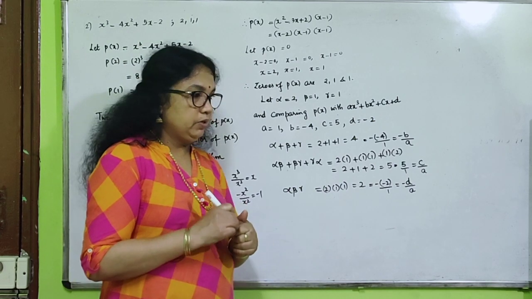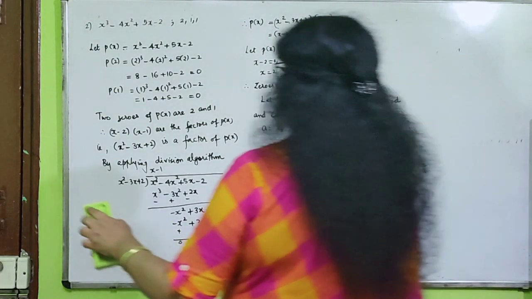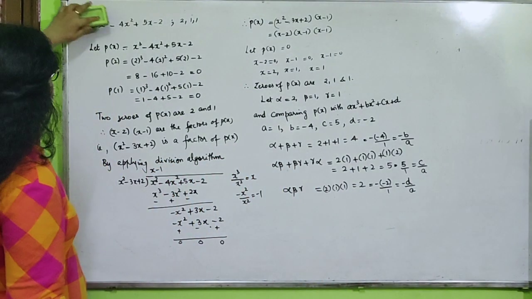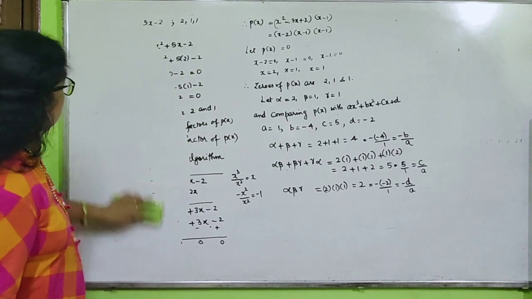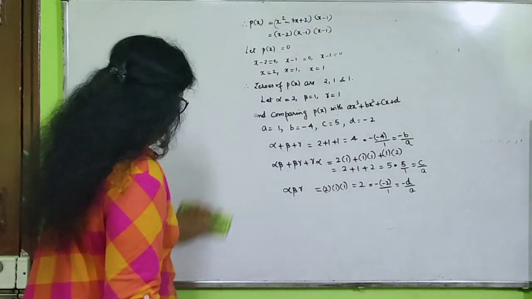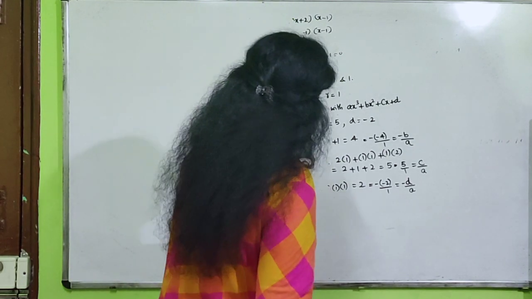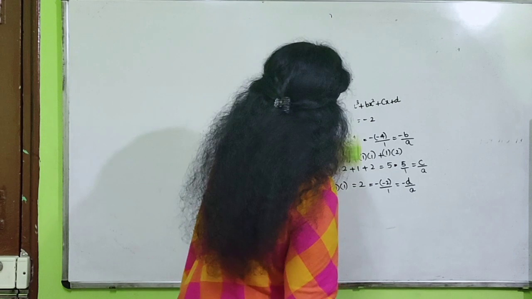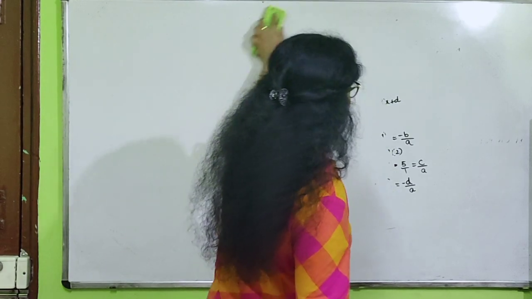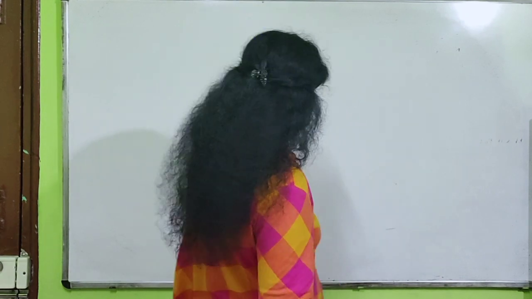Now I am doing the second sum. So don't forget, if two zeros are the same, from two zeros only we can verify by substituting it. The third one we have to find out. Now how I did it, the same way you have to prove.